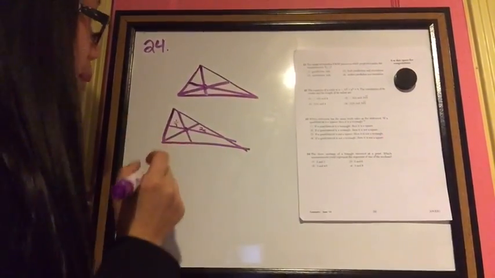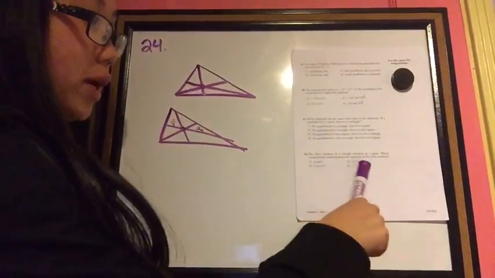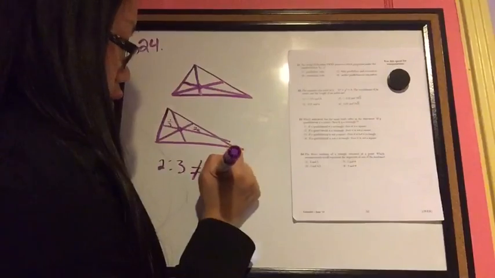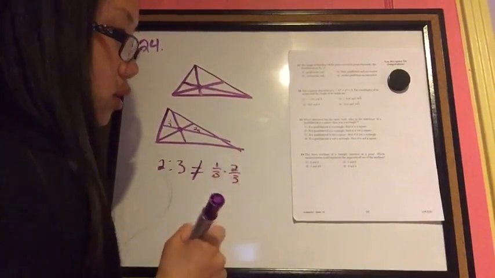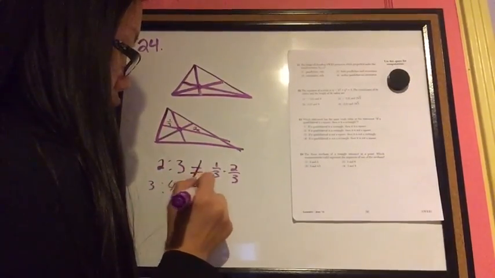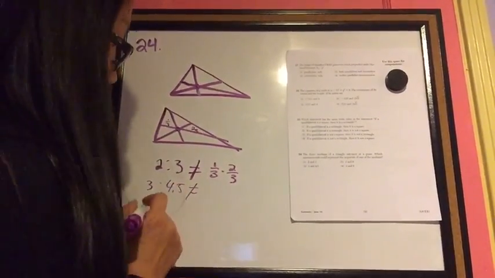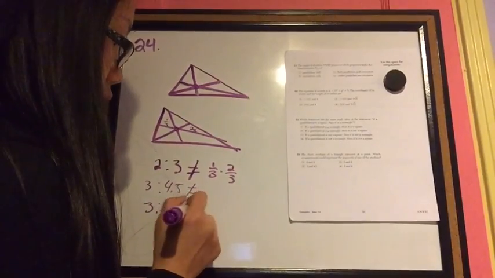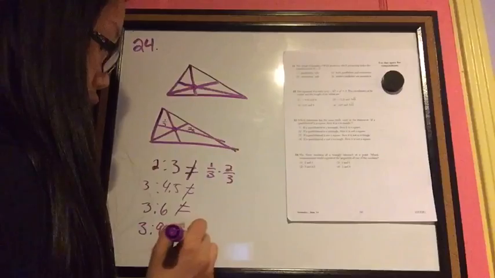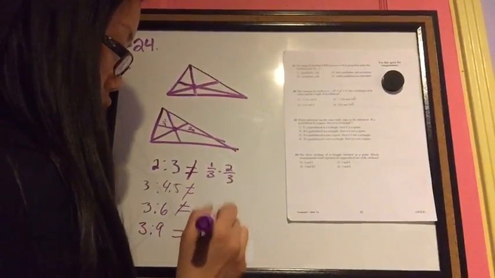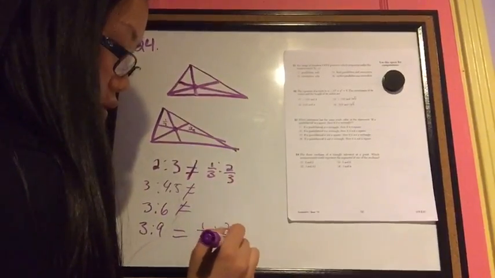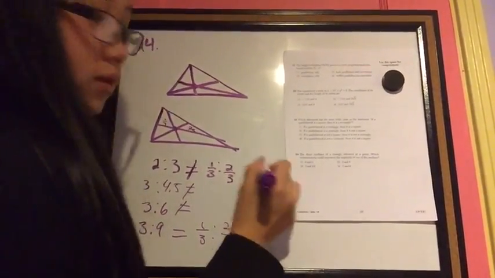So we use that proportion to find which one matches. 2 to 3 is not equal to 1/3 to 2/3. 3 to 4.5 is not equal to that either. 3 to 6 is not equal, but 3 to 9 is equal to 1/3 to 2/3. So the answer is 4.